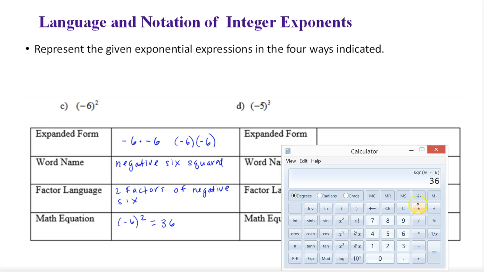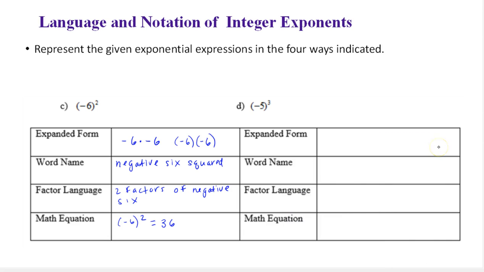Okay, but if we did the negative not in parentheses, then the 6, and then we hit the square button, the result is negative 36. Okay, so the calculator is doing this correctly, but if you want to find this result, if you don't put the negative 6 in parentheses, it's actually going to find the opposite of 6 squared.